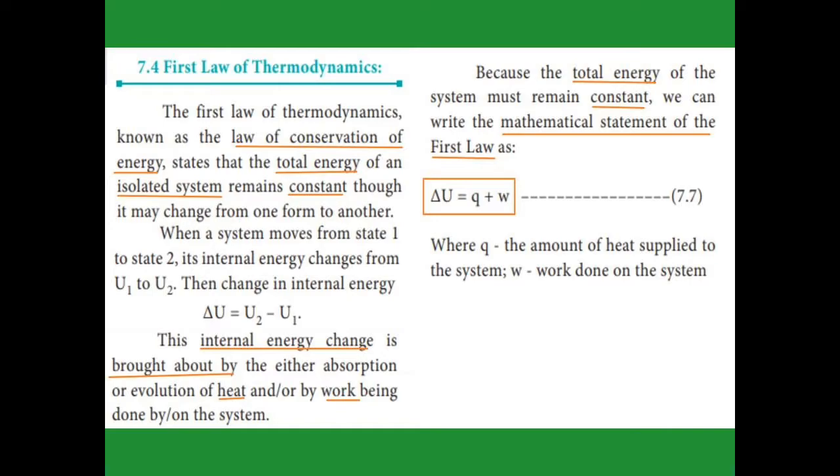Energy is added, so added means positive for Q. And work is also a positive quantity when work is done on the system. So the mathematical statement of the first law is delta U equals Q plus W.